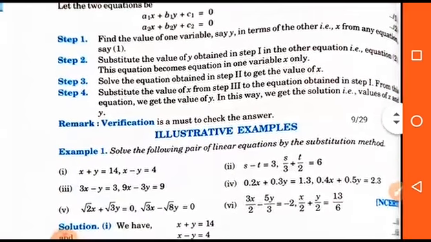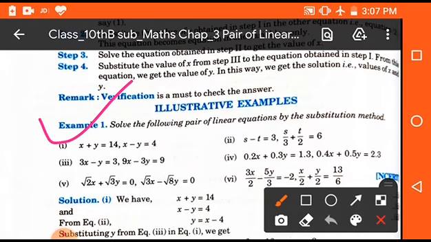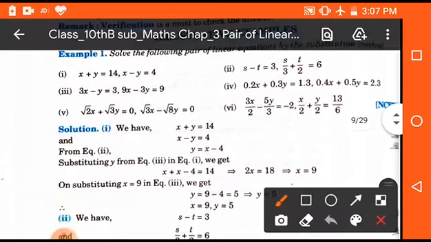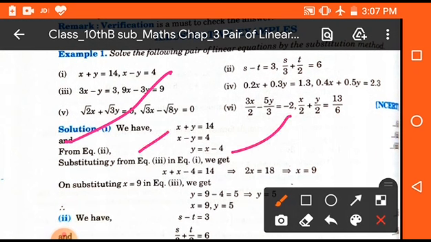Clear? So see the example. Solve the following pair of linear equations by the substitution method. Take the first example: x + y = 14 and x - y = 4. From the second equation, we find y = x - 4, and we put this value in equation number 1.